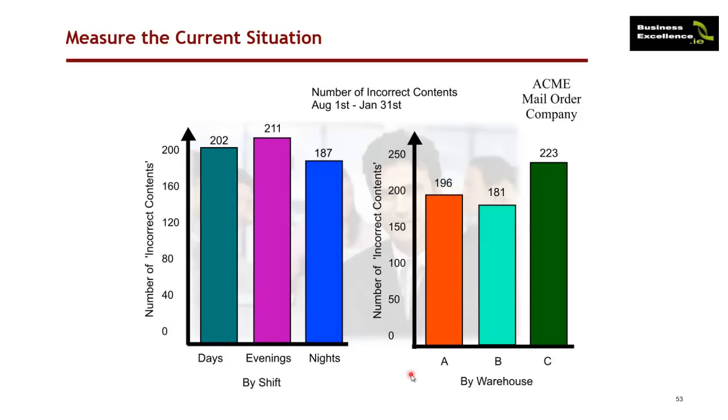The answer again is all of them. 196, 181, and 223 are the number of instances across the 3 warehouses. Again, this would suggest that whatever is happening across all shifts, all warehouses, at all times, is something more systematic.